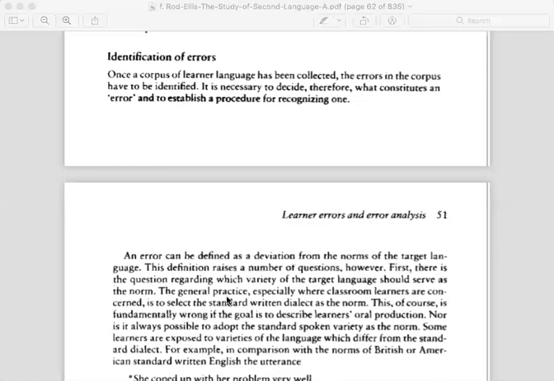So which variety of the target language should serve as a norm, specifically when it comes to speaking, because now we have a concept of world Englishes and all kinds of accents are quite acceptable, okay? It is easier to find these deviations from the norm in written corpus, or the data that is collected from writing, okay?